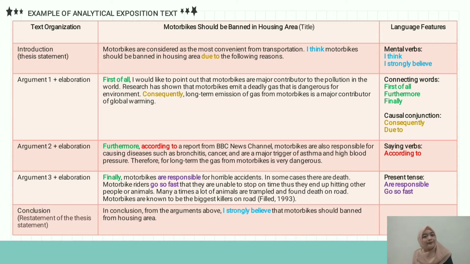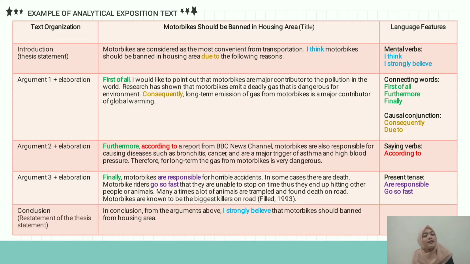Okay? Motorbikes should be banned in housing area itu adalah title-nya. And then motorbikes are considered as a convenient form of transportation. I think motorbikes should be banned in housing area due to the following reasons.